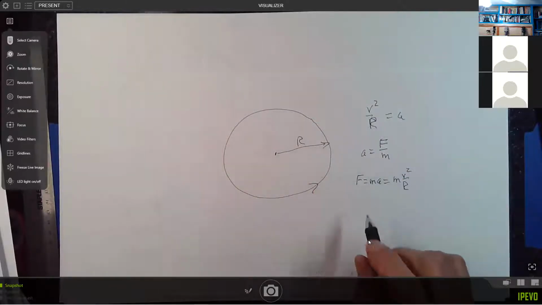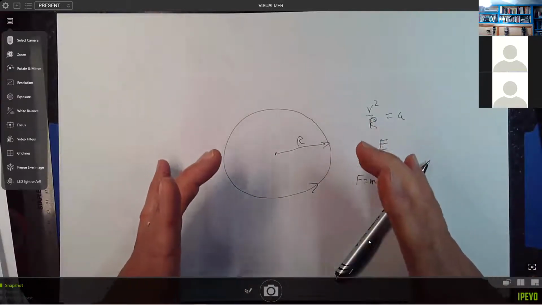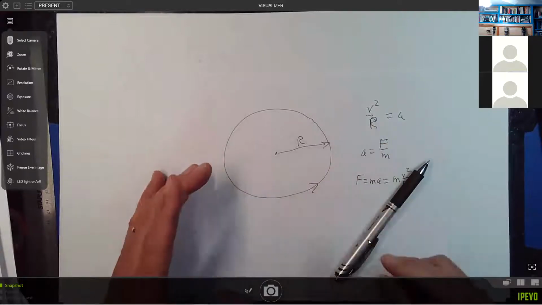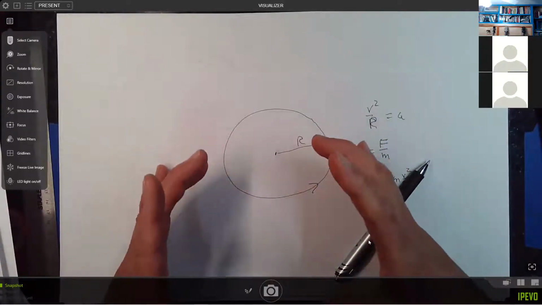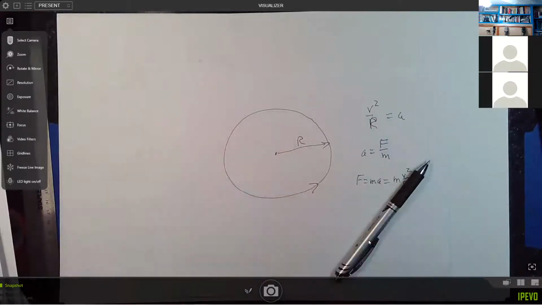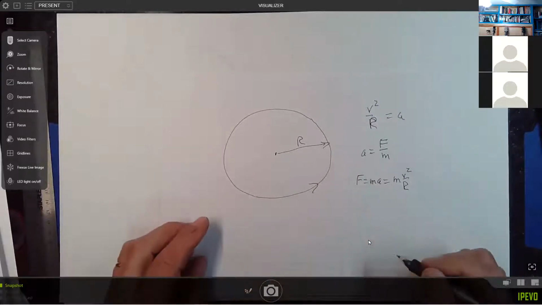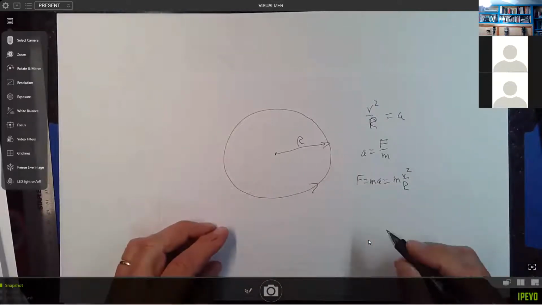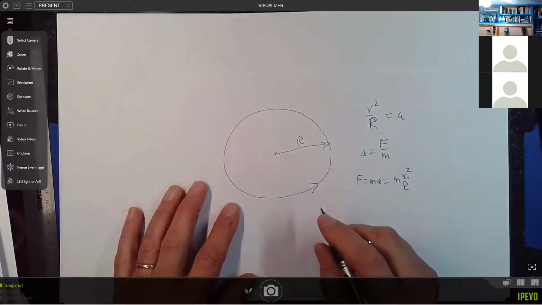Now, sometimes that force is going to be, if you've got a giant metal disc that's spinning, provided by the electromagnetic attraction between the atoms in the disc, and that's what will hold it together. If you have something else going on, it's going to have to be provided by something else. In the movie 2001: A Space Odyssey, there was a space station shaped like a giant wheel.